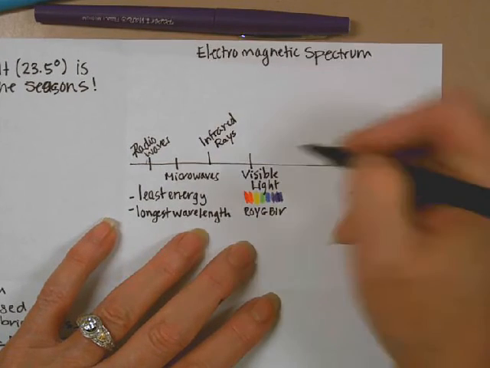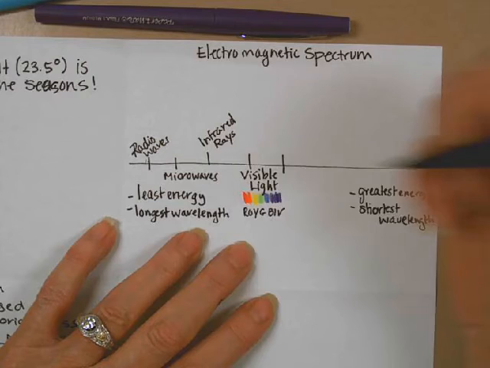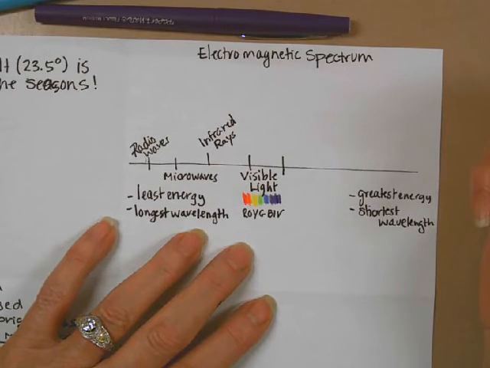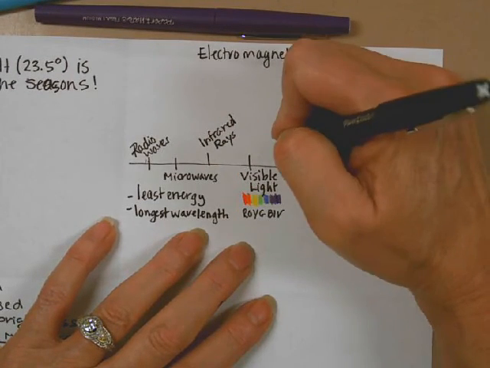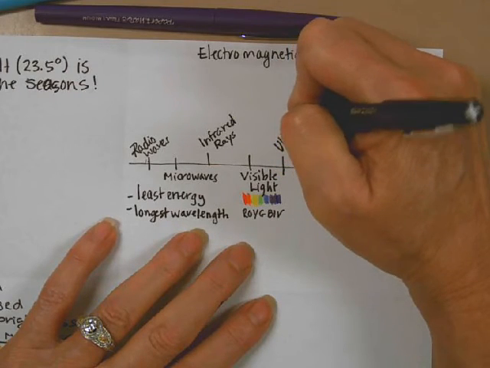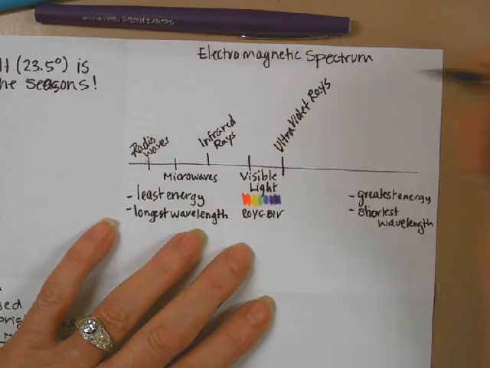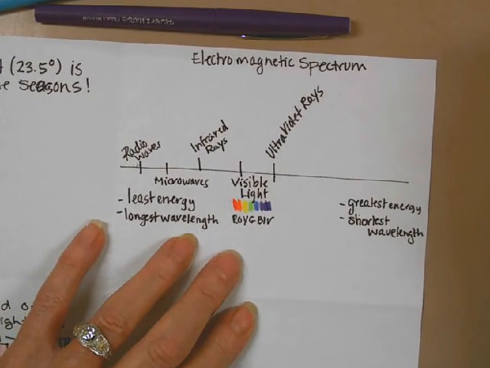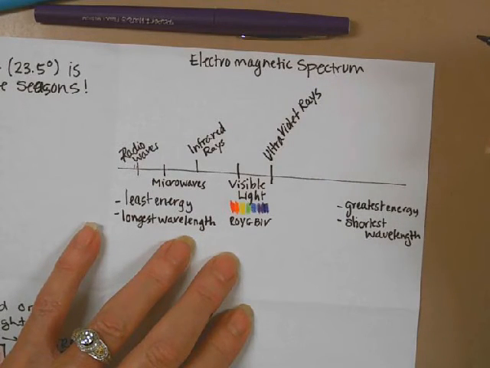All right, after visible light, we have something we do not feel as heat and do not see as light, but we experience when we get tan or burned outside, sunburn, which is ultraviolet rays or waves. These are only felt under certain circumstances, but you are exposed to them every time you go out.